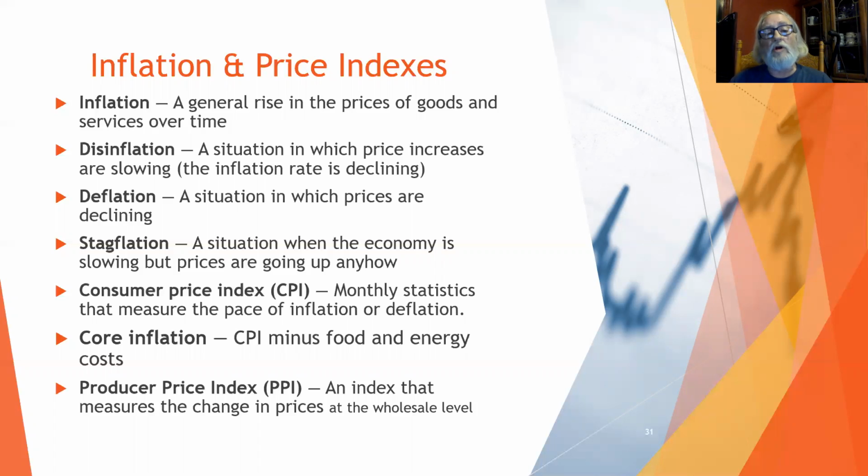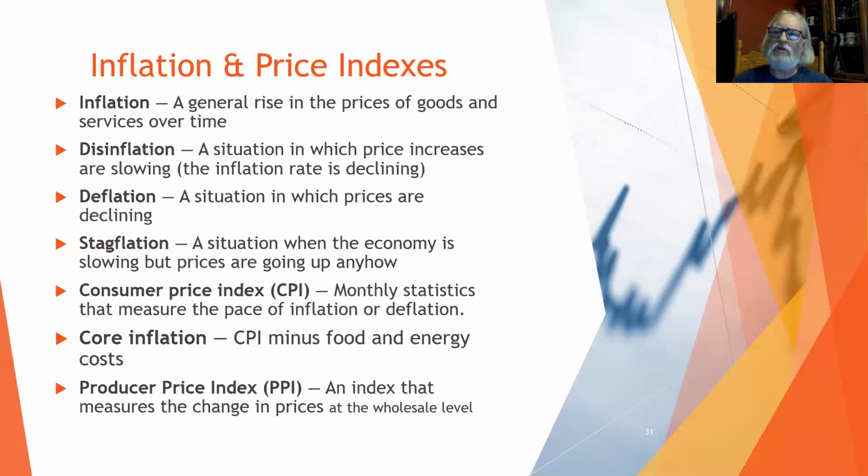Now we have a couple other what we call indexes here. The consumer price index is an important measure. It's called the CPI, and these are statistics that we get monthly. The consumer price index is a measure of how we have done regarding inflation and deflation. Are we changing?